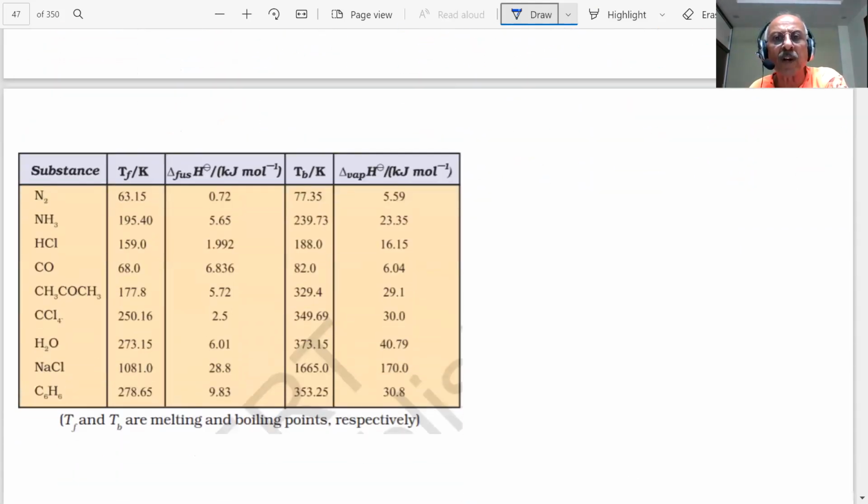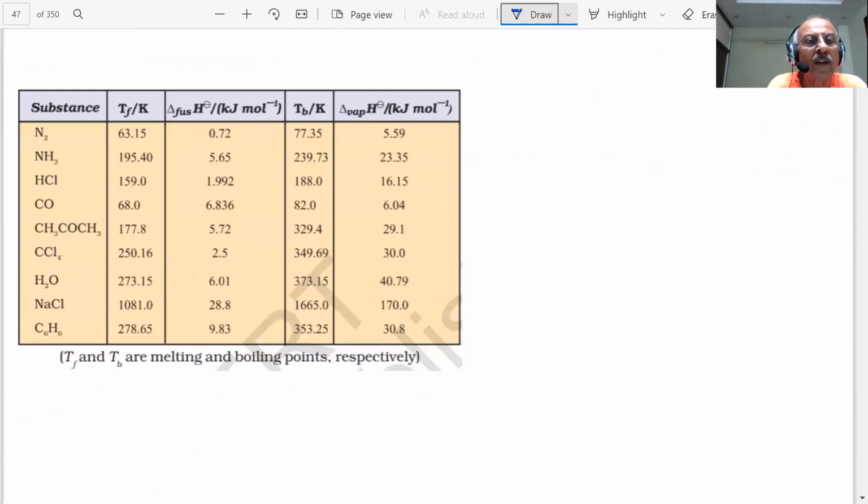Here is a table, student, which will tell you different substances, the freezing temperature TF, the freezing point, the enthalpy of fusion in kilojoules per mole, and the enthalpy of vaporization. Enthalpy of fusion takes place at what temperature? At the fusion temperature.